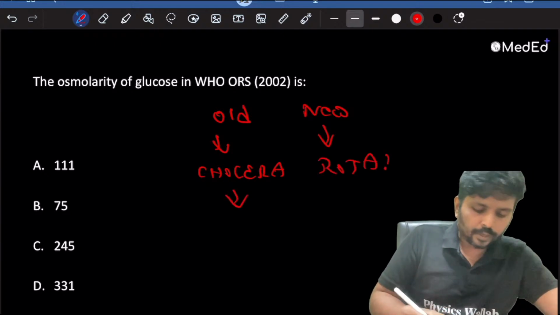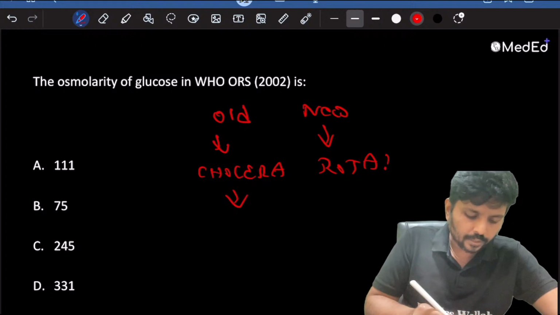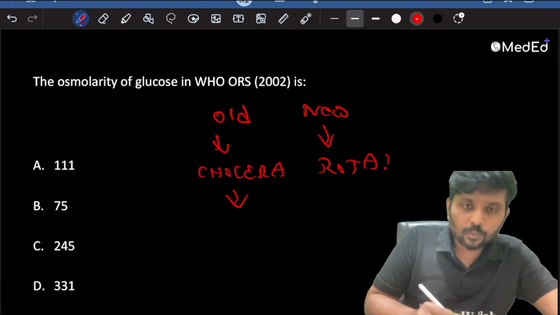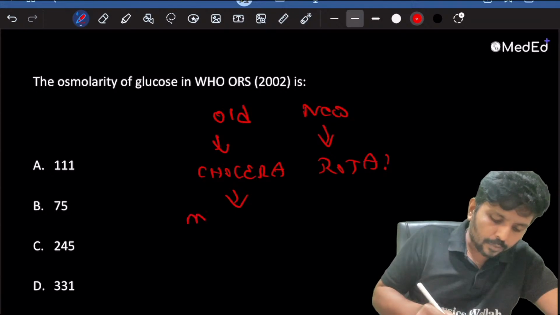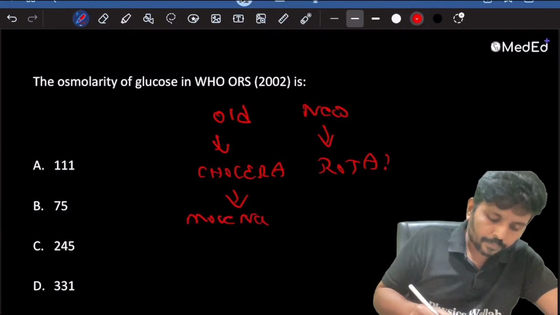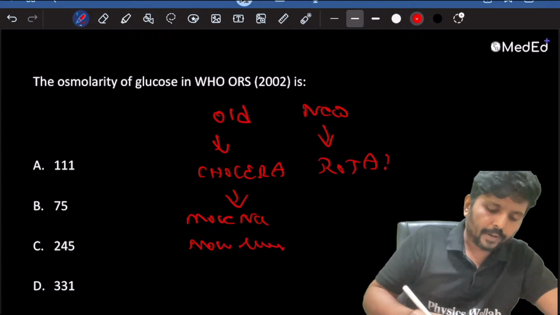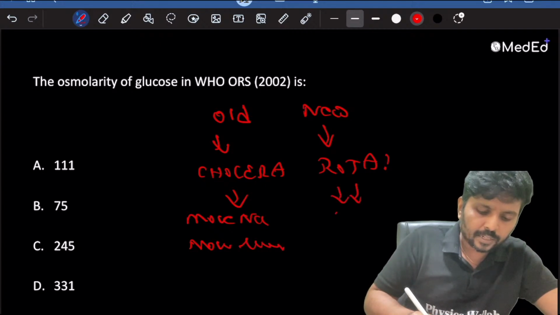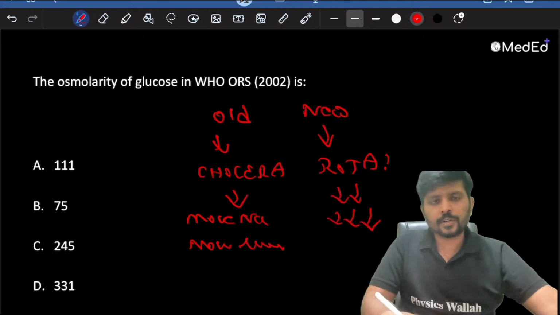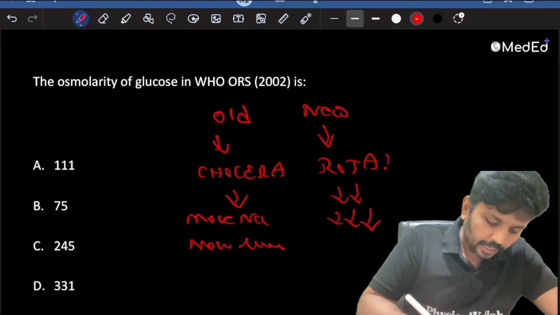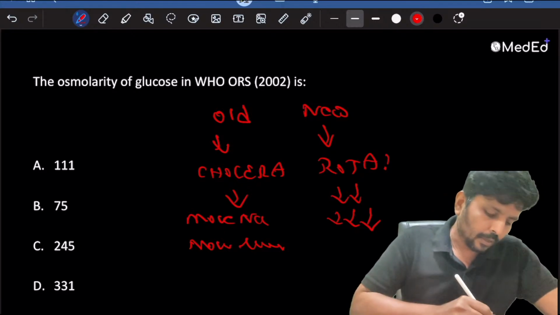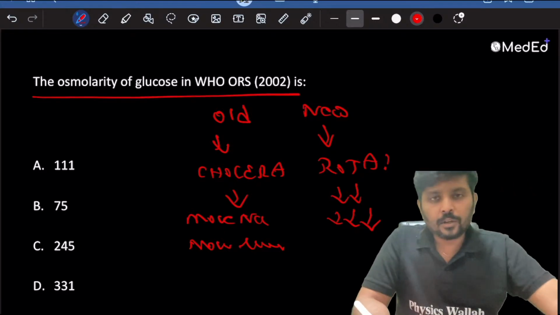In old ORS, there is more sodium loss due to cholera, more sugar loss, whereas this becomes less in new rotavirus induced diarrhea. So initially, the osmolality of glucose in WHO ORS.